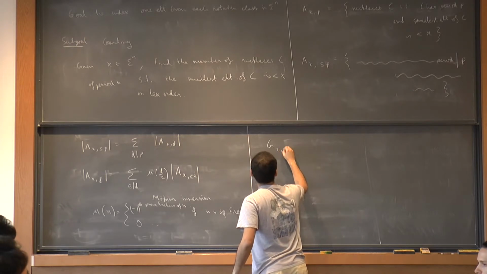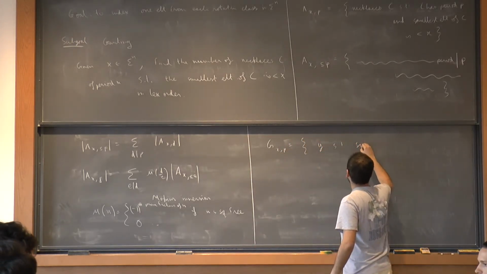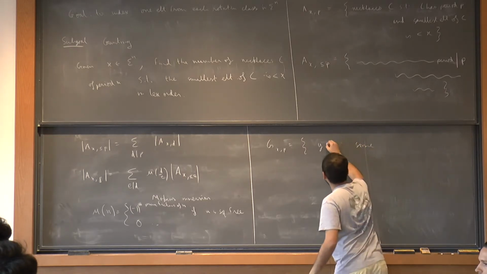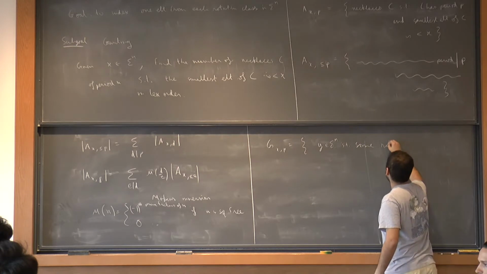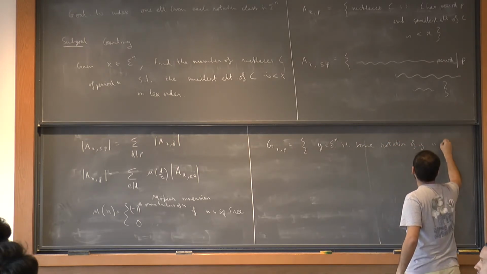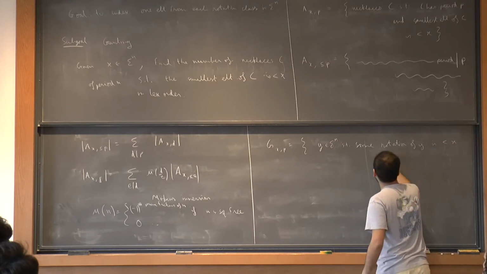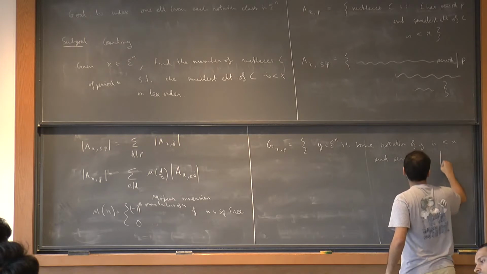G_x,p is the set of all y in sigma to the n such that some rotation of y is less than x and the period of y divides p.